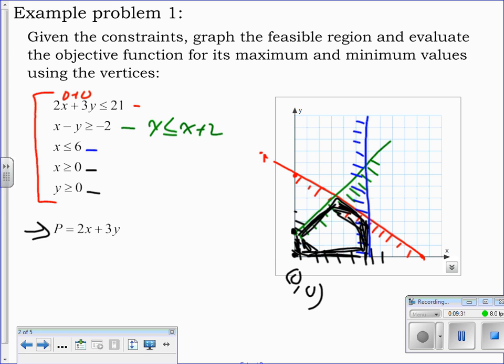This corner right here, 0, 2. This corner right here, 6, 0. And this one here, X is 6, and that looks like 1, 2, 3. Yeah, this one here, 6, 3.